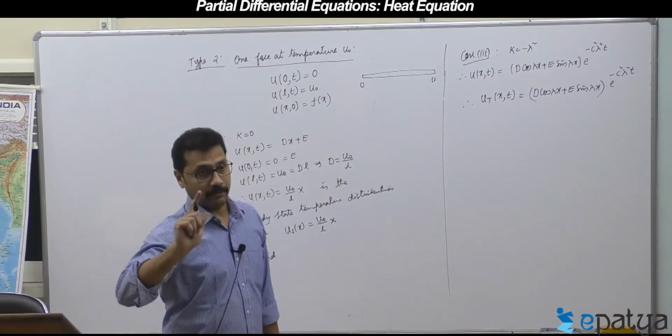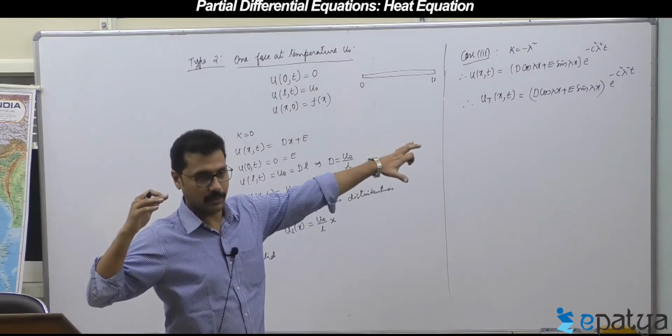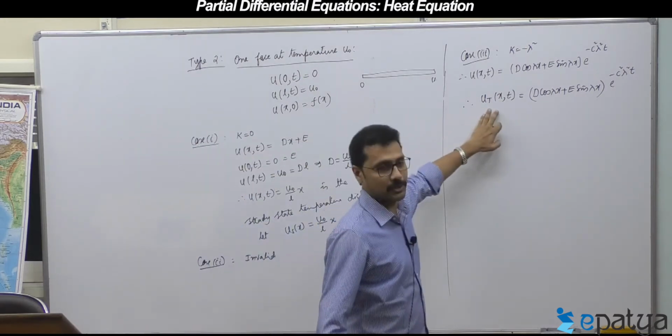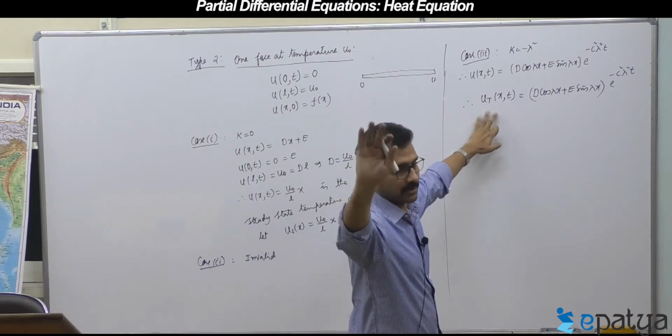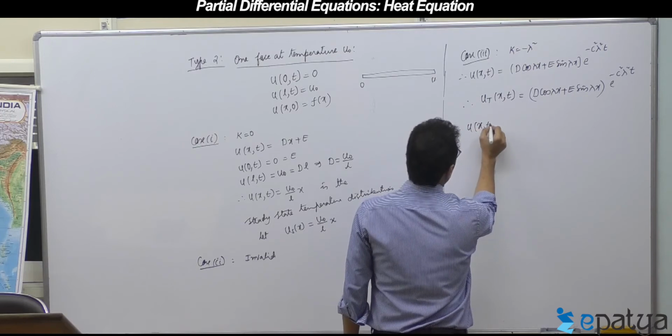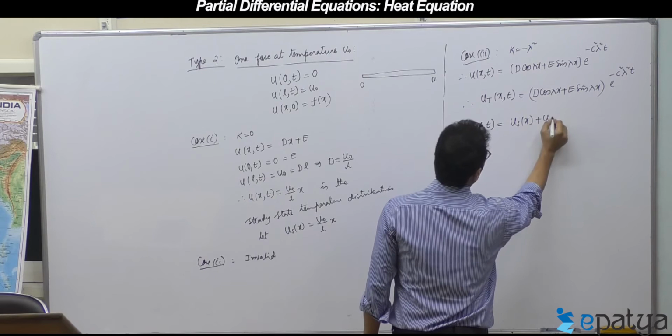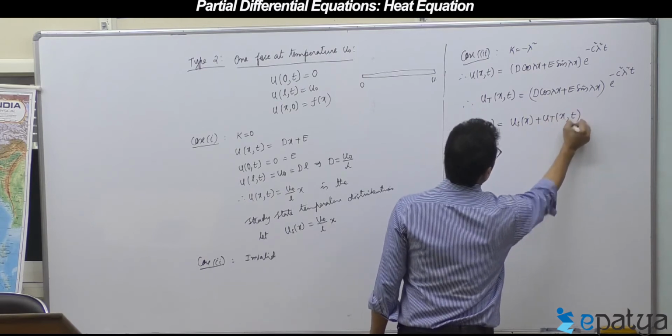Even in the first problem, somewhere in the back of our mind, this is what is working, though we wrote ut as u only because us is 0 in that case. Therefore, u of x comma t equals us of x plus ut of x comma t.